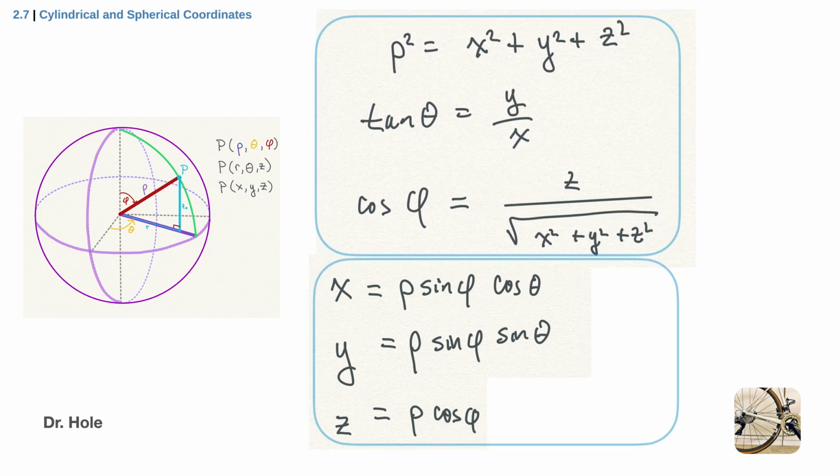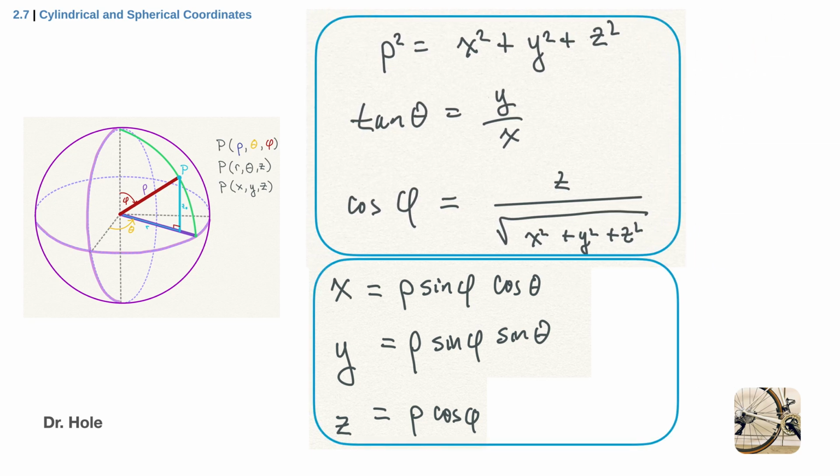Nice. These 2 sets of equations allow us to convert from rectangular x's, y's, and z's to spherical rho, theta, phi. Likewise, the bottom set allows us to convert from spherical rho, phi, theta into rectangular x's, y's, and z's. Beautiful.